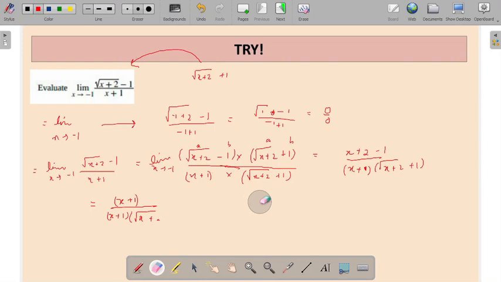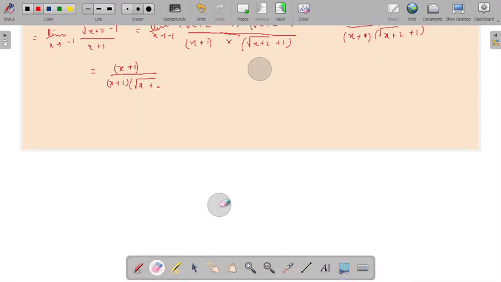So this will be under root x plus 2 plus 1. I'm not writing limit x approaches minus 1 in every part, but it is important to write. So we'll cancel this out, then we'll have limit x approaches minus 1 of the function 1 over under root x plus 2 plus 1.